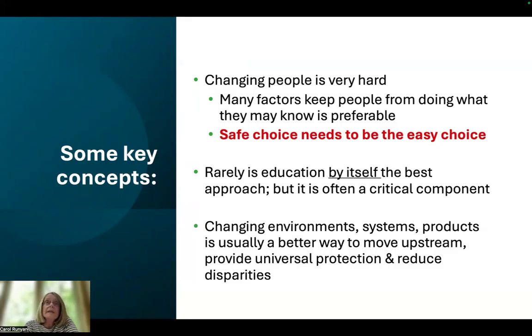And so often in injury control, we try to figure out ways that we can change environments, change systems, modify products, as usually the better way to reach our goal in public health of moving upstream to primary prevention, to providing universal protection for everyone, and to reducing disparities.